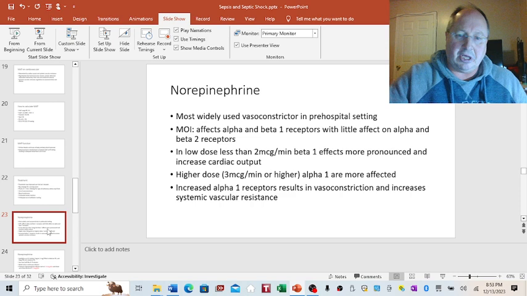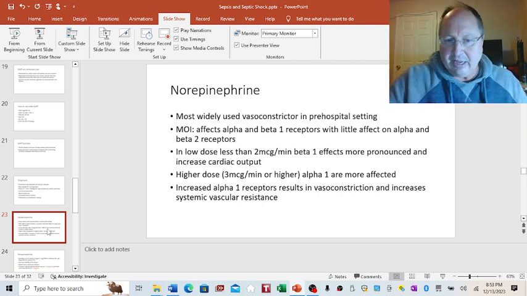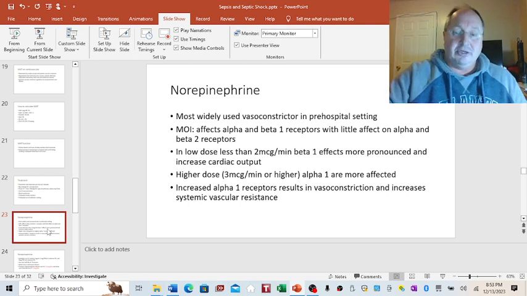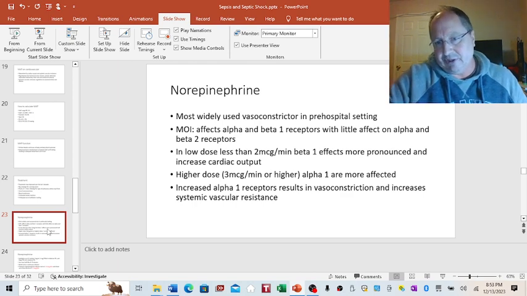At a low dose, we're talking like 2 mics a minute, the beta 1 effects are more pronounced. It's going to increase your cardiac output. When you start getting to a higher level, 3 to 8 mics, something like that, you're starting to get more alpha 1 receptors involved.